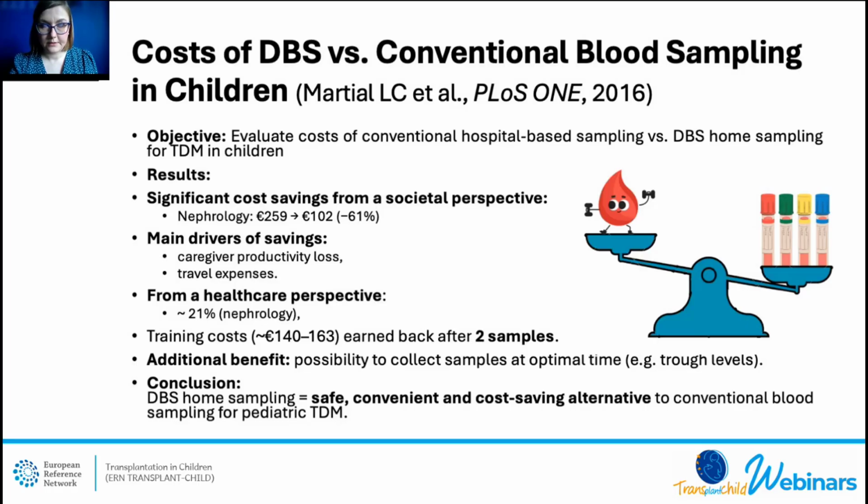And I would like to summarize before we go to the next part. Microsampling is a major opportunity in pediatric transplantation. We reduce the risk of edema and patient discomfort, and it could give relief for hospital systems.